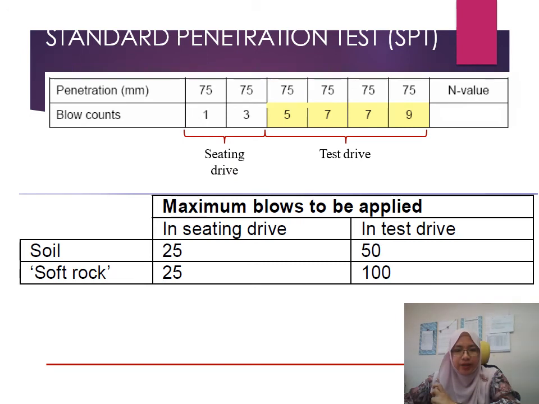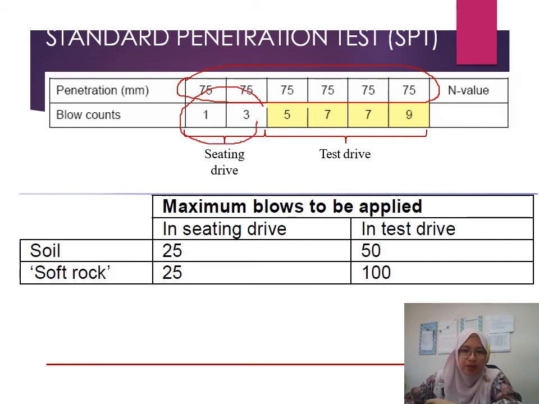This is how we count the number of blows, as I explained earlier in the previous slide. We divide the 450 mm into 6 intervals, so we have 75 mm each, and the first 2 intervals are not counted because it is a seating drive.